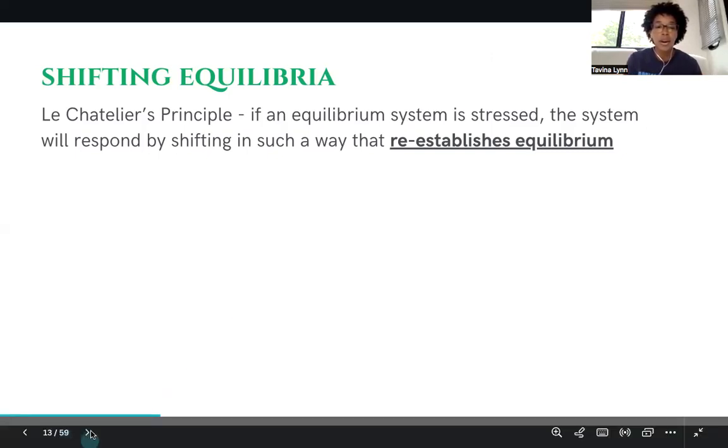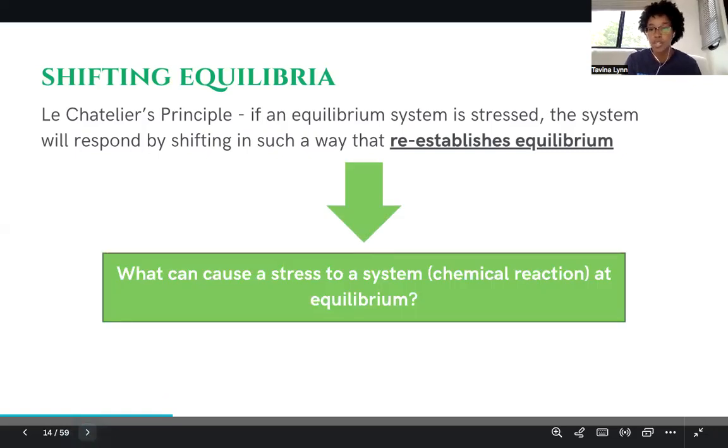So the question we're going to explore is what can cause stress to a system, the system being a chemical reaction. If a chemical reaction is at equilibrium, what can disrupt that equilibrium?